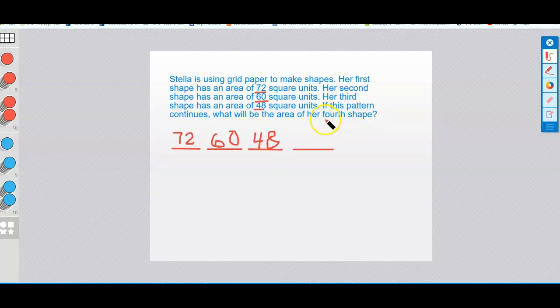And if this pattern continues, what will be the area of her fourth shape? So you're seeing your pattern here, and you can see that it's a decreasing pattern. And to find out how much it's decreasing by, subtract to figure out what the next number would be in this pattern.